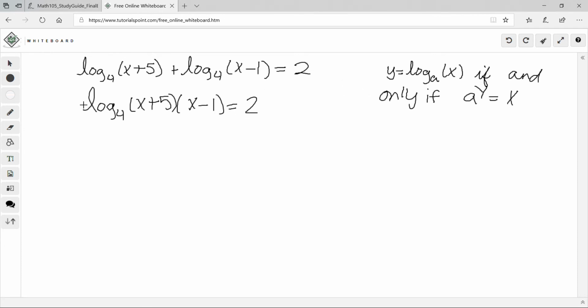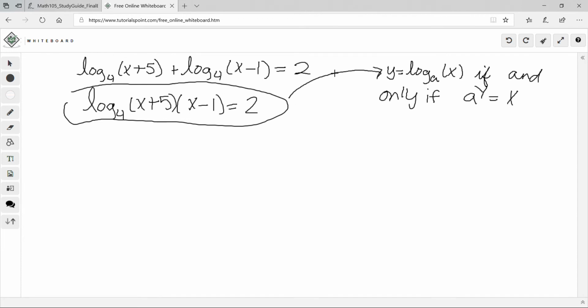So what form does it look like, this part or this part? It looks something like this, right? So we can find our a, our x, and our y value. So our a is basically our base, which is 4. Our x value is this whole thing, so it's x plus 5 times x minus 1.